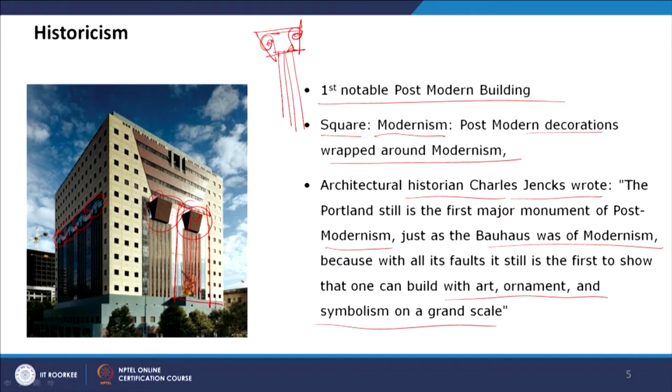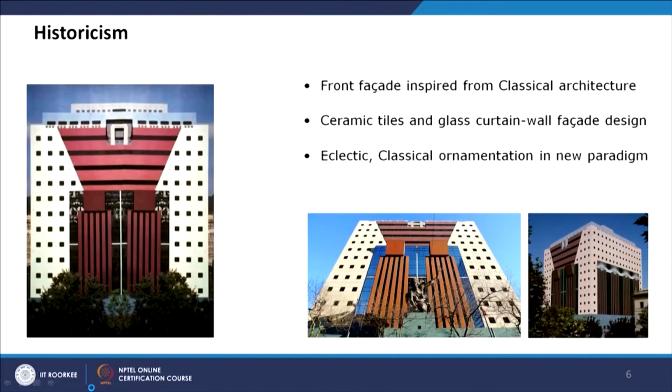These two depict the Ionic column, taking the load of some element you have designed. You can also see different kinds of texture and ornamentation, and this is bilaterally symmetrical on all sides. The front facade is also inspired by classical architecture.